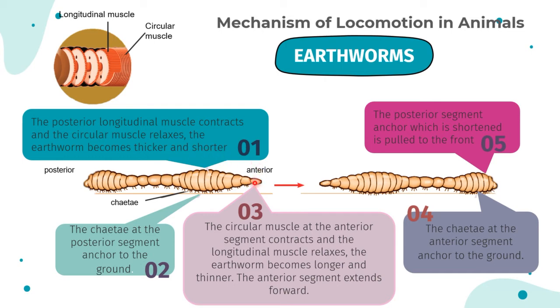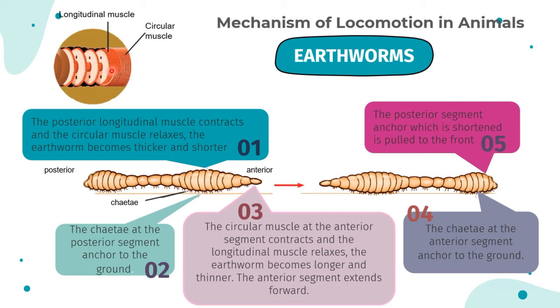This is referred to as the anterior, and after the anterior is the posterior. So what happened here? In this part here, there is a longitudinal muscle, and this longitudinal muscle will contract.